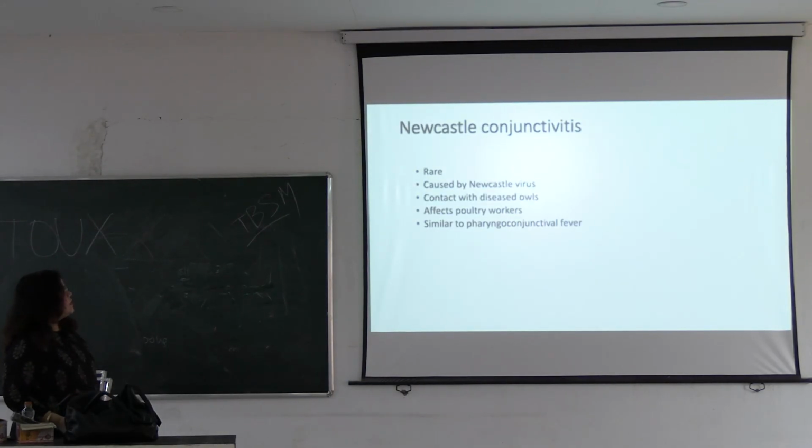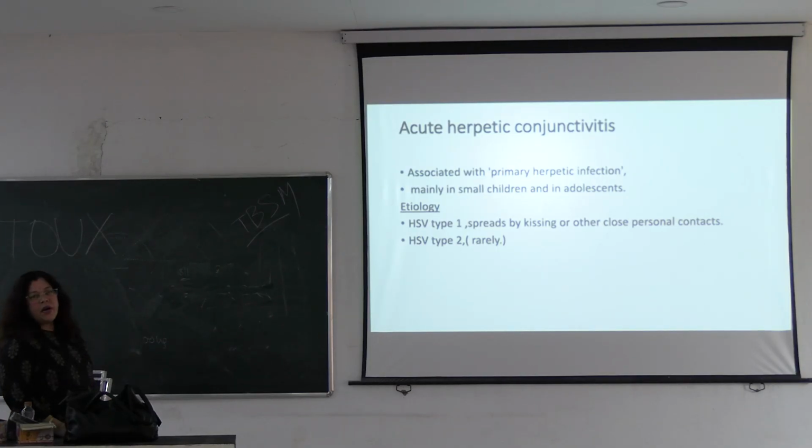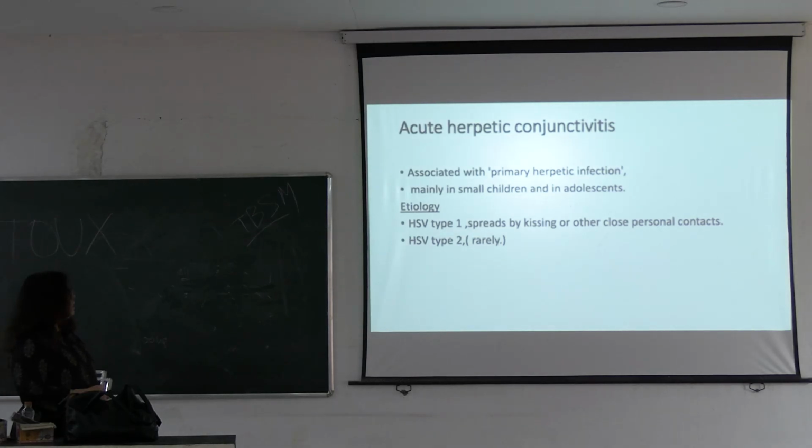Then Newcastle conjunctivitis, it is a very rare type of conjunctivitis. Then acute herpetic conjunctivitis, it is caused by herpes simplex virus type 1 and is spread by kissing or any close personal contact. It mainly affects children and adolescents.